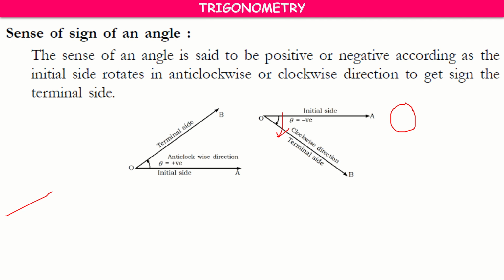When the rotation is clockwise, we get a negative angle. Here the rotation is given this way, anti-clockwise. Are you following? Like this it is moving, like the arrows.